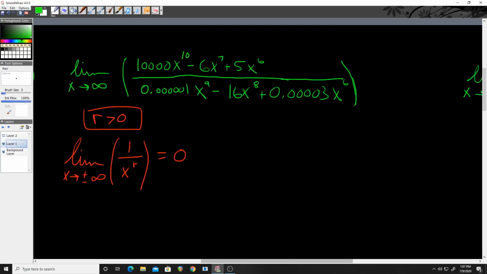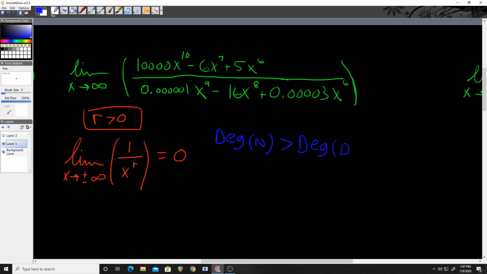So in this problem, after I changed it, the degree of the numerator is greater than the degree of the denominator.